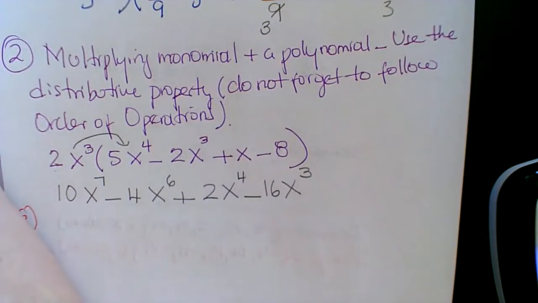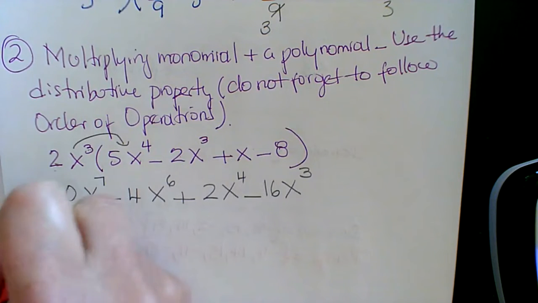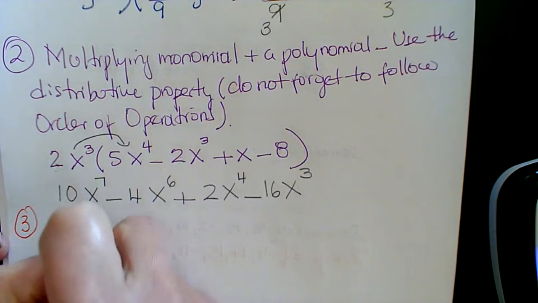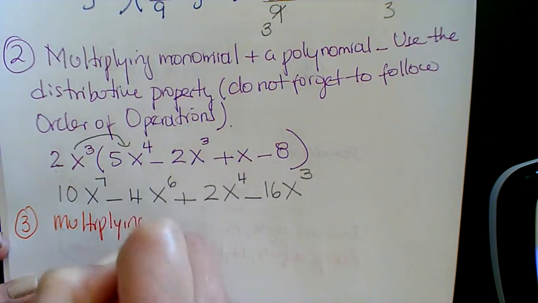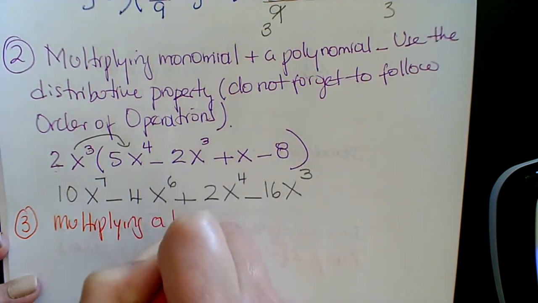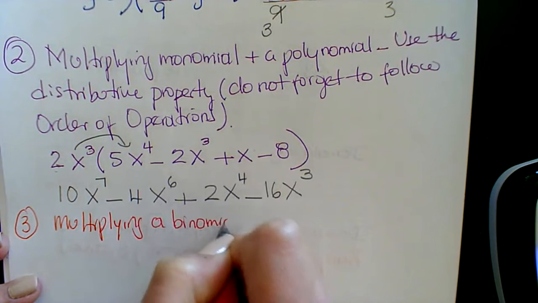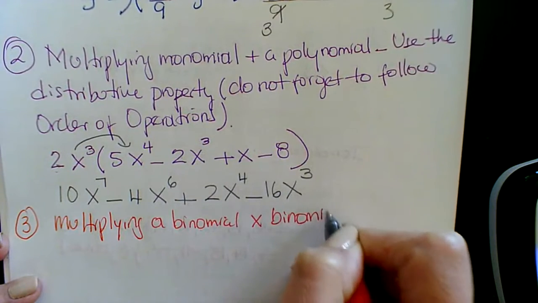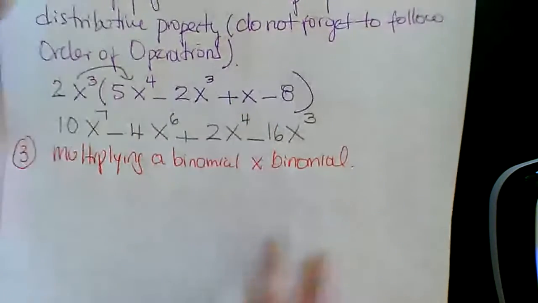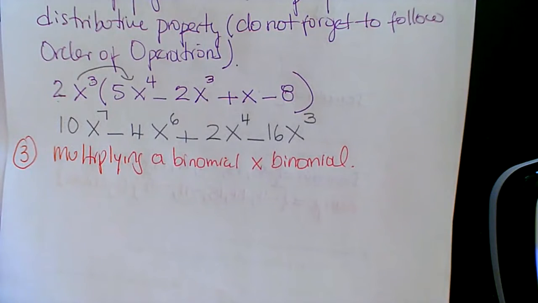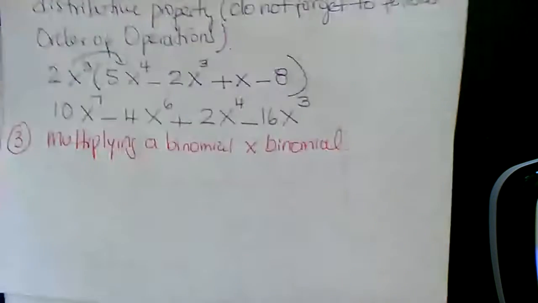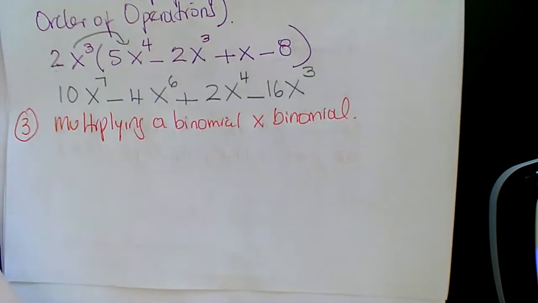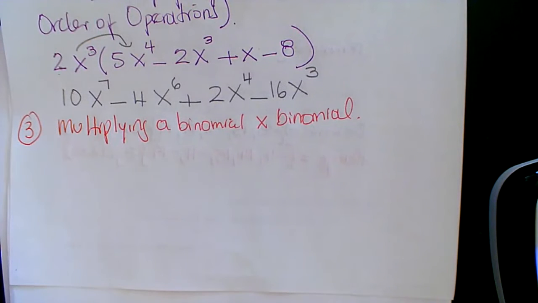So this one, we're going to be multiplying a binomial times another binomial. Okay? So this is what we get.